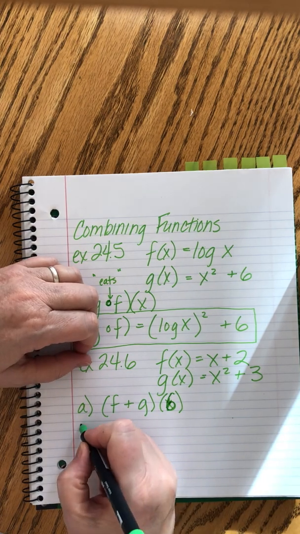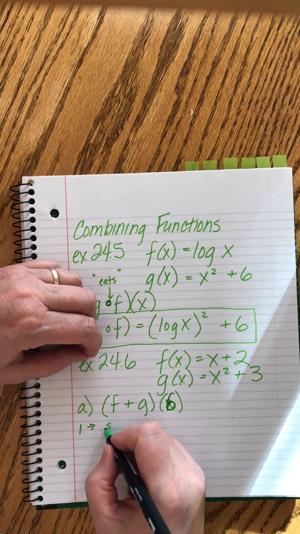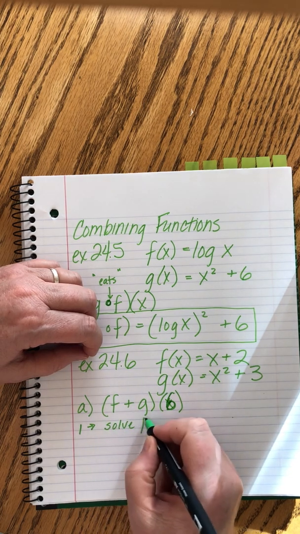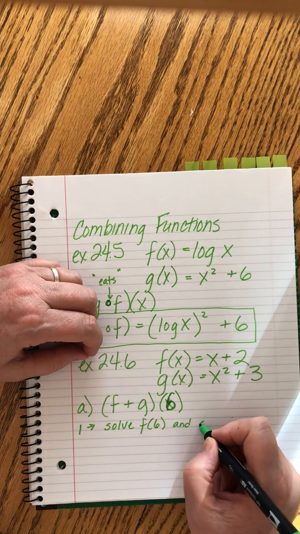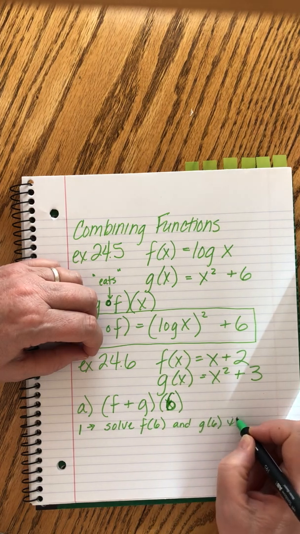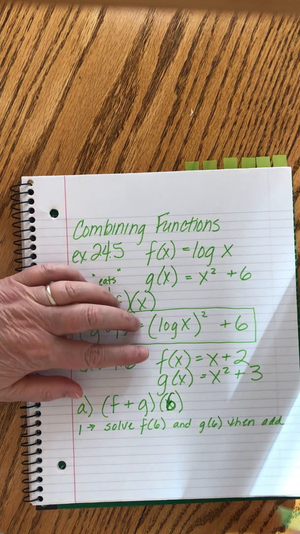Okay, so the first approach is to find the f of 6 and the g of 6, then add them. Okay, so let's see.